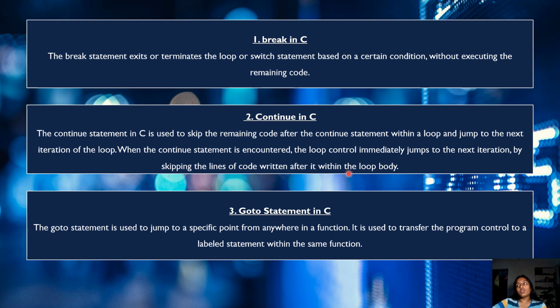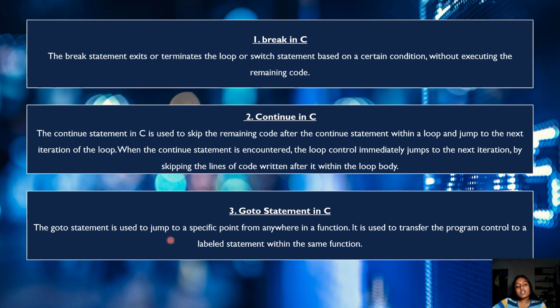For example, you're going on with the third iteration, and if that condition comes true and we have a continue statement on the seventh line, it will not execute the 8th, 9th, 10th and the remaining lines. It will move on to the next iteration. That is when we use the continue statement. This also makes the program faster because unnecessary program lines are omitted.